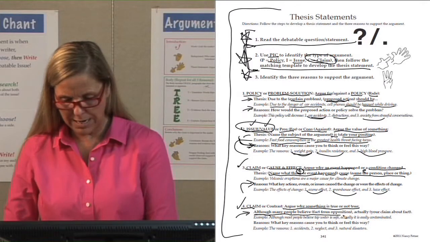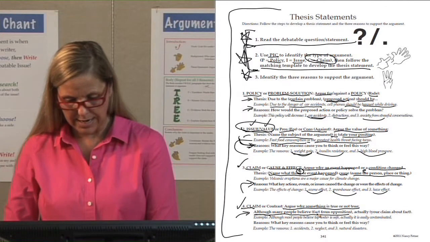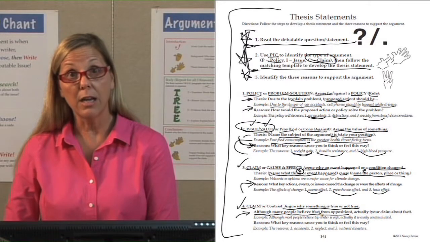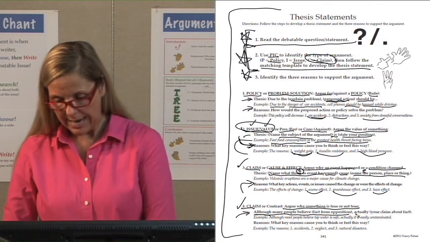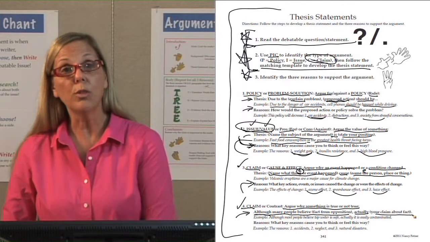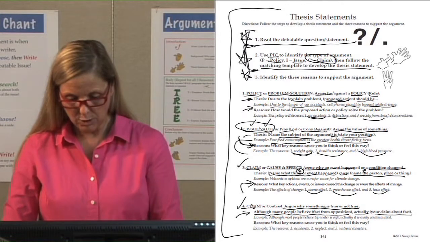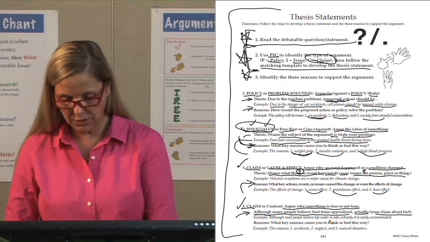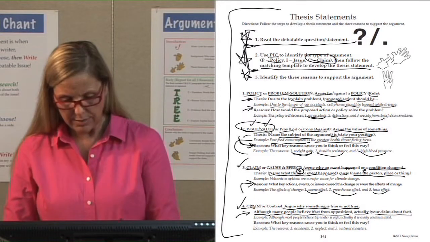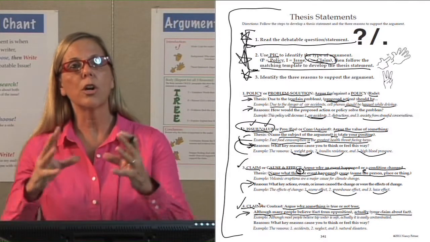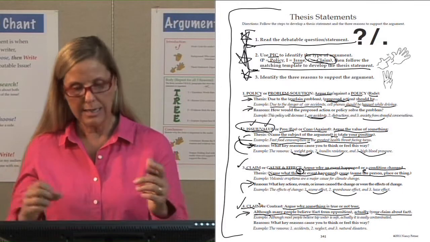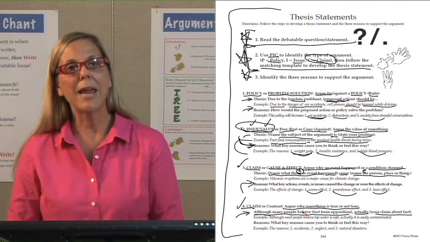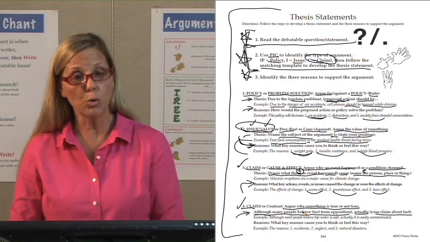Although many people may believe, and then you put the opposite of what you think is true, actually, and then you put what you think is true here. So we have, although most people believe tap water is safe, actually it is easily contaminated. This is a claim in which you're contrasting in your thinking in order to make the argument about whether something is true or not.